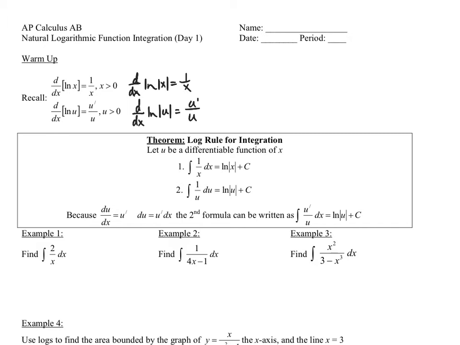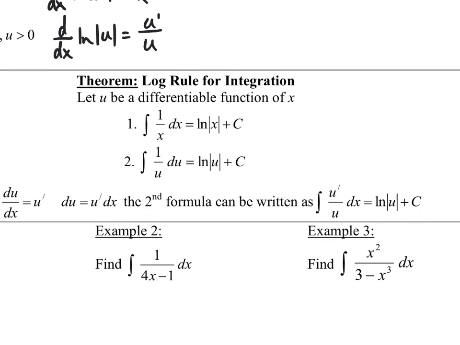Du dx is u prime, okay? So du is u prime dx. It's kind of like we're doing the u substitution a little bit here. However, if I can then rewrite, instead of making this a du, I can replace the du right here. I'm replacing the du with u prime dx.